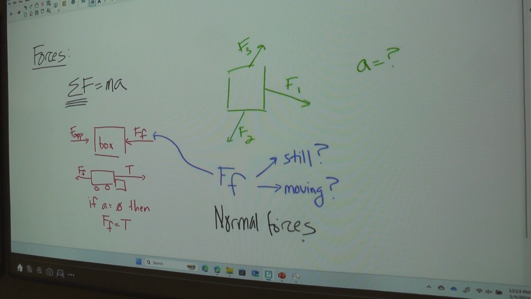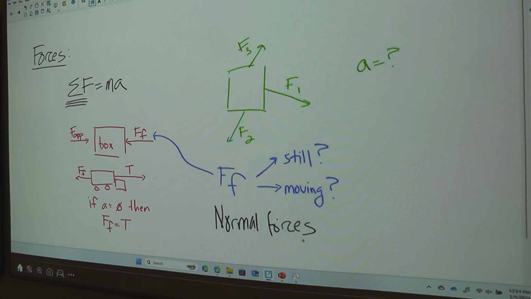Most of us can intuit that in this case the normal force is the weight. If this thing is being pulled down by gravity, its weight is 25 newtons, then the ramp must be pushing up with 25 newtons. It doesn't make sense that it's anything but that.